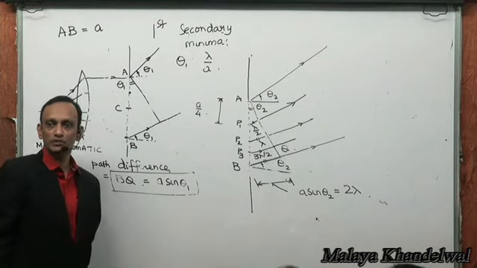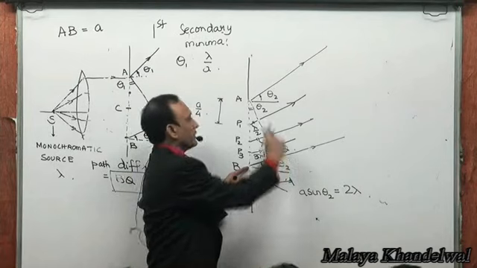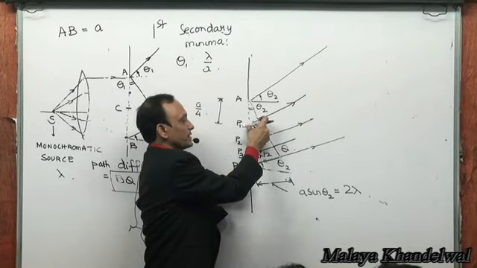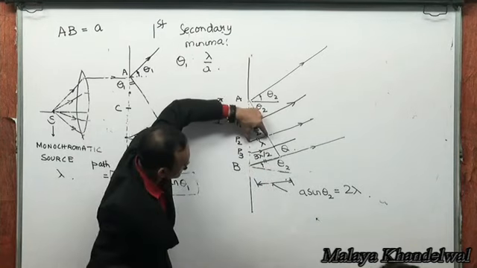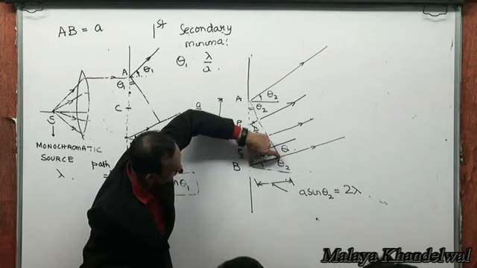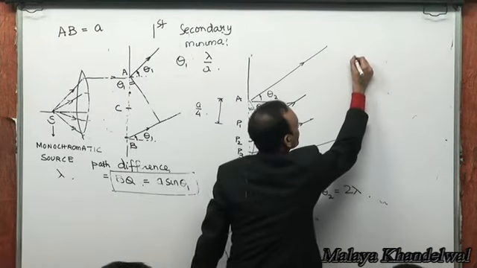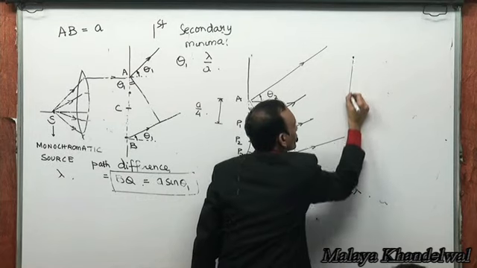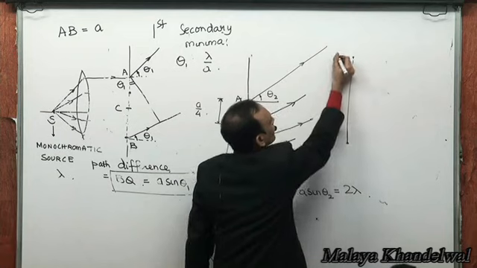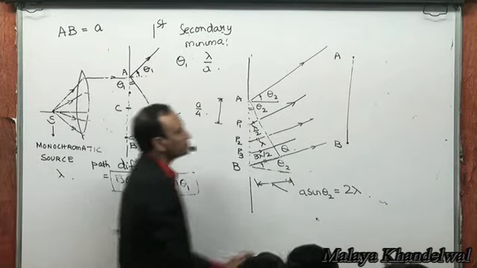Similar triangles, basic proportionality theorem. If this is 2 lambda, and these are 4 equal parts, then this must be lambda by 2, this must be lambda, this must be 3 lambda by 2, and this must be 2 lambda. Yes or no? Between A and B. Do you all understand this?